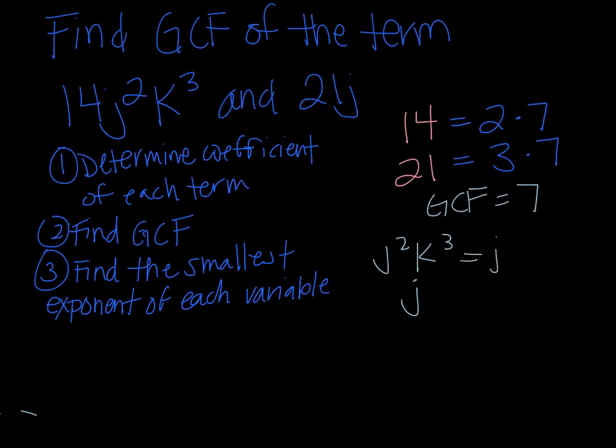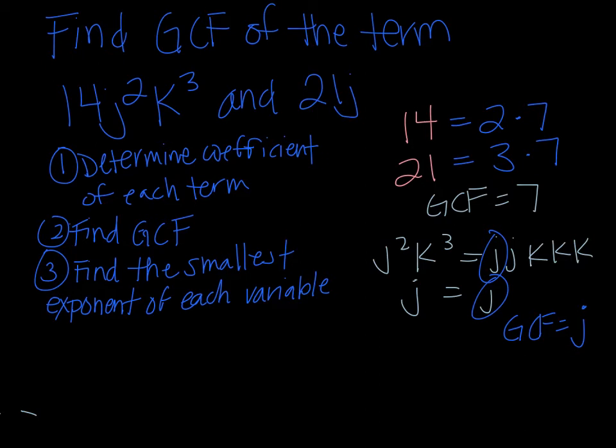So 2 j's here, 3 k's here, 1 j here. What they have in common is 1 j each. So our GCF of our variable is equal to j to the 1st power.